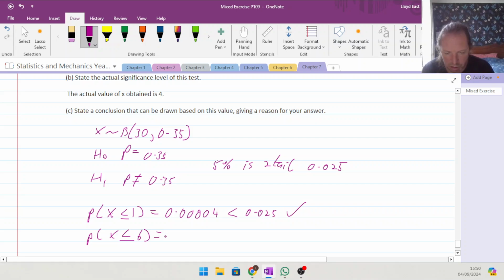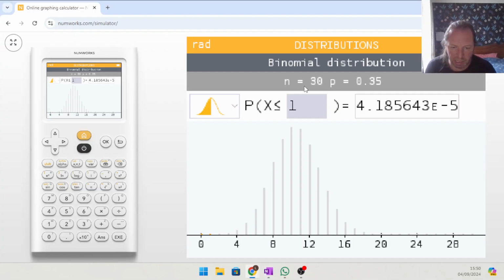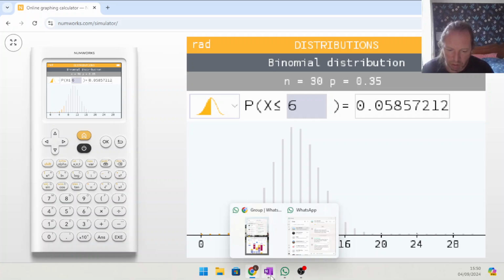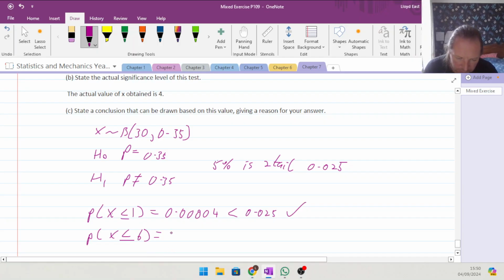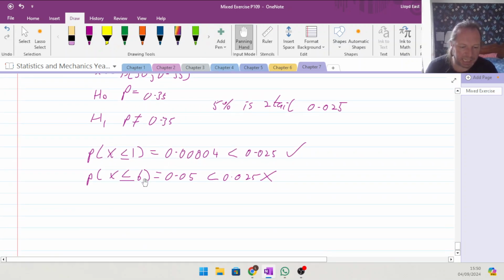No reason for 6, just randomly pulling it out of the air. 6 gives 0.05, which is clearly too big. So we know it's somewhere between 1 and 6 now.